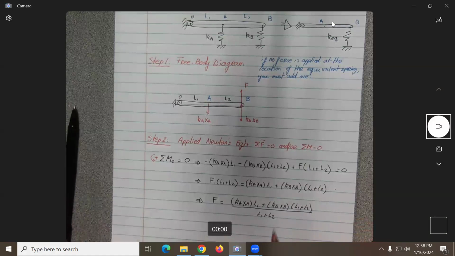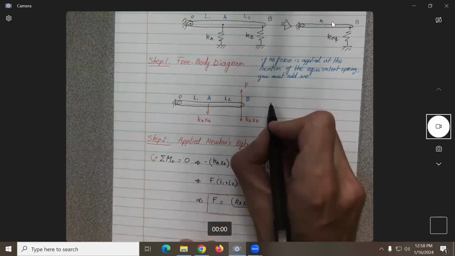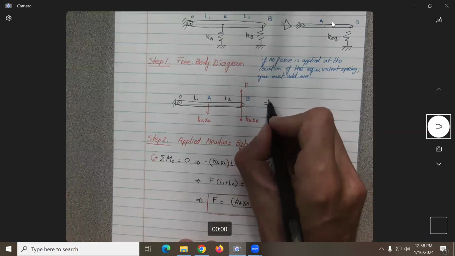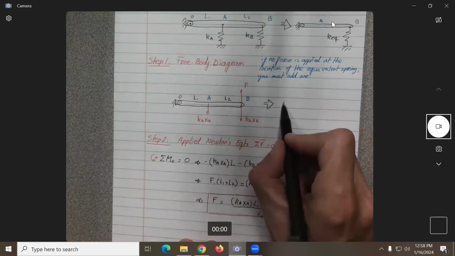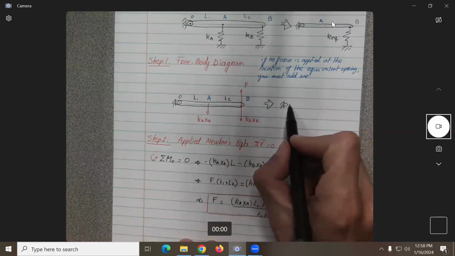So let's call this equation A. Yeah. So maybe I'm going to do here another figure, okay? A small one just to help you over here.